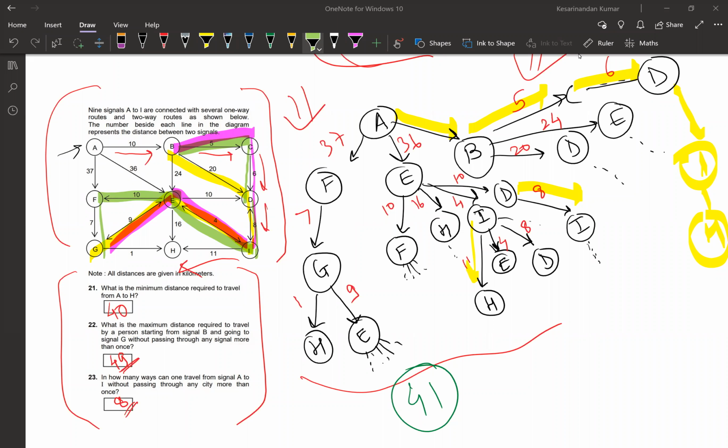What are your routes? Let's erase this. A to B. Here again, your tree diagram would help you a lot.